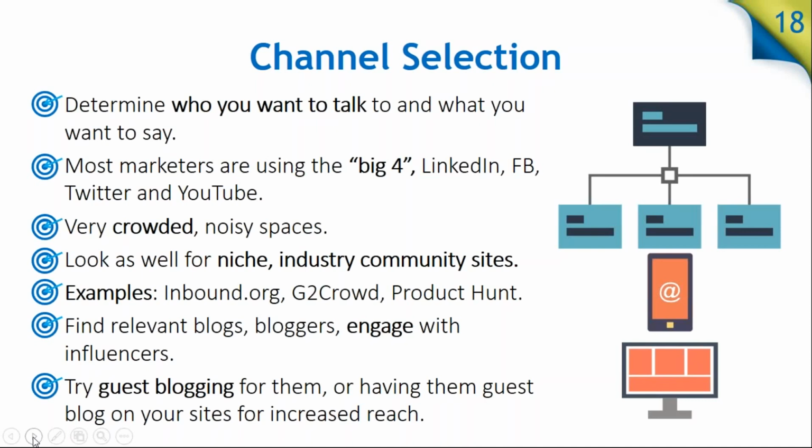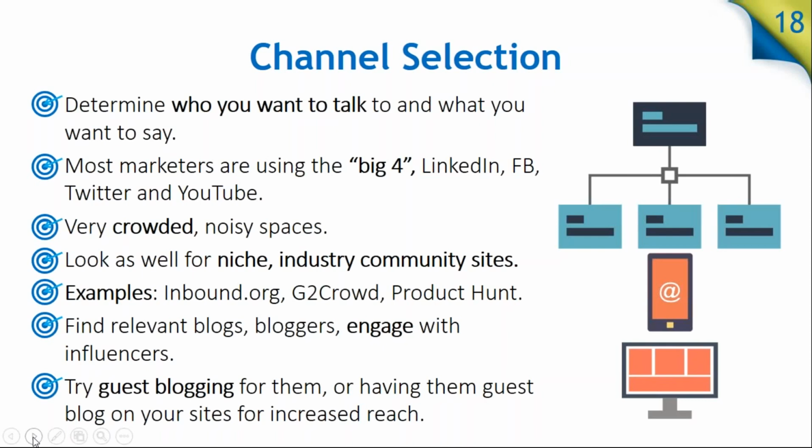So one thing that we did and that other companies can do that works well is to look for more niche sites or industry community sites. And here you can find kind of where your tribe is hanging out. Some examples for us are Inbound.org or G2 Crowd or Product Hunt.